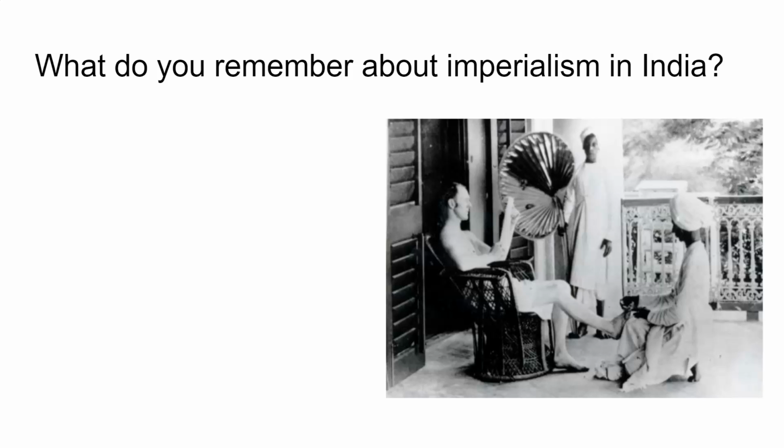The white man is reading a newspaper, and the Indian in the background is holding a device that looks like it could be used as maybe something that reflects light. India is typically very hot, so I can't imagine that this is something that reflects light for the purpose of warmth. So it looks reflective, it looks like it has some weight to it, so I wouldn't think that it's really a fan, but I'm not exactly sure, to be honest with you.